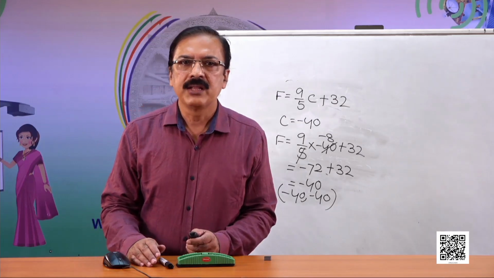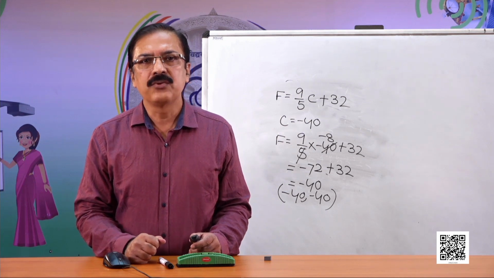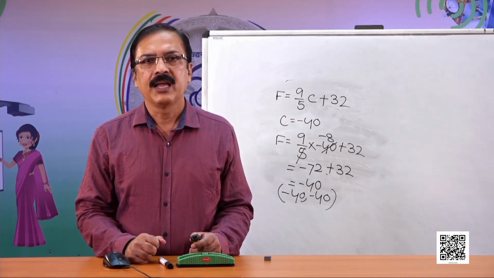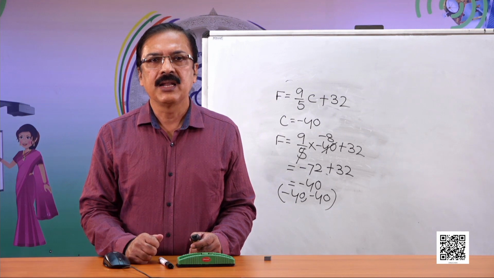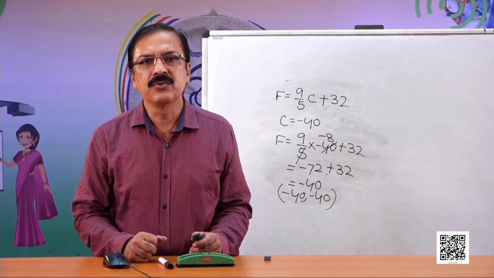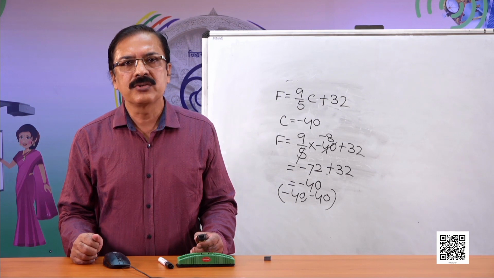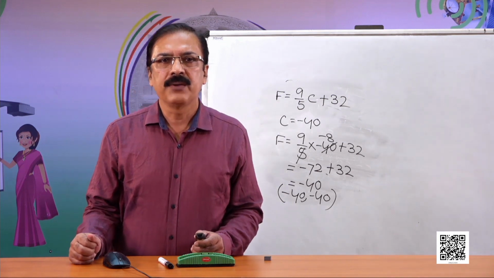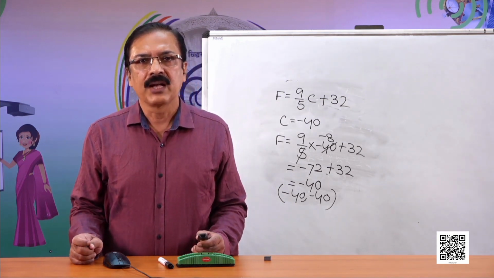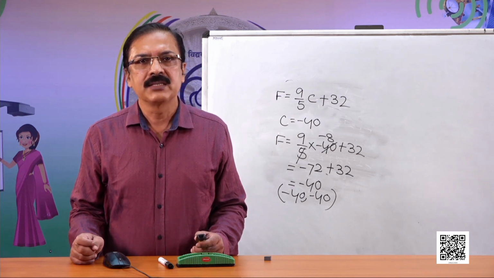So in this session we learned how to represent a linear equation in a graph. For that we have to find some solutions to the equation, and from those solutions plot the points on the graph paper and then join those points.